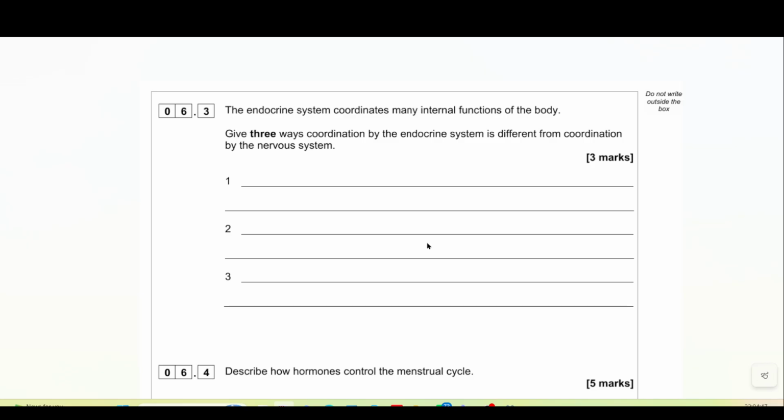Like if we touch any hot substance, we remove our hand very rapidly, right? But the endocrine system is slow. So speed: the endocrine system is slow, and the nervous system is faster.